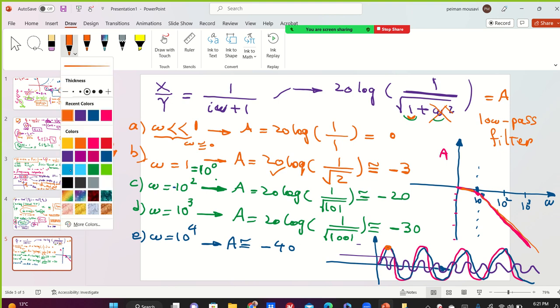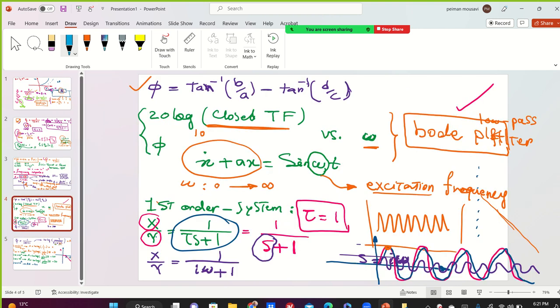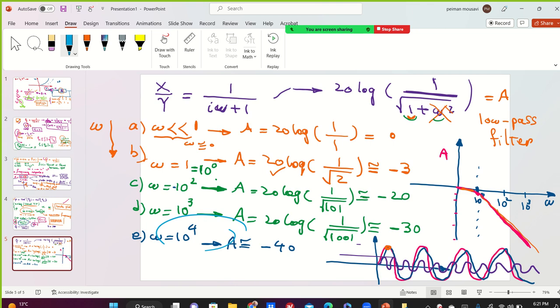So if you increase the frequency, by this design of a mechanical or electrical or tank fluid system with this transfer function, you see that it goes down. If you increase the frequency, it's going to be low. It's going to filter out the higher frequency.